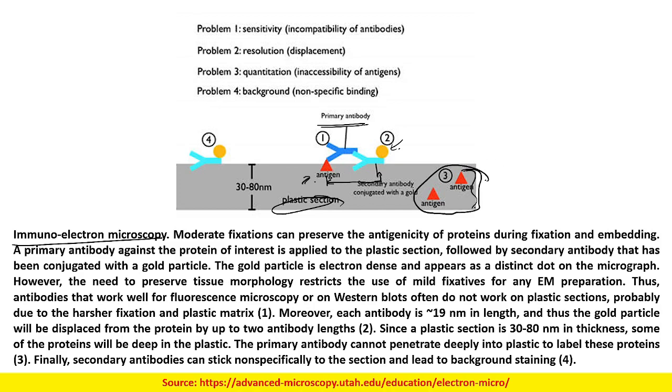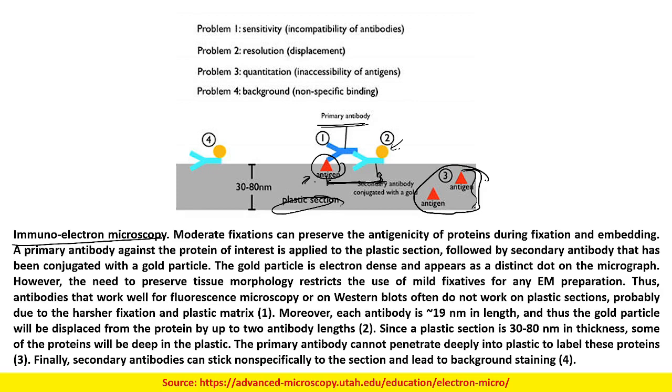Since many of the antigens are within the plastic matrix, you are not able to quantify the number of the antibodies, because you don't know how many antigens are within the plastic matrix or not, right? Secondly, you will not be able to highlight at what specific points these antigens are present, because there is a specific distance between the antigen and the gold nanoparticle which are being used for the detection over here.